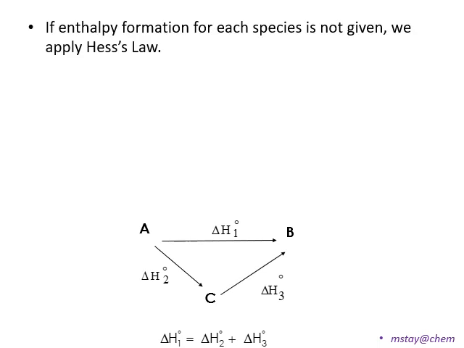If the enthalpy of formation of each species is not given, it means that we cannot apply the formula, as we already mentioned in the previous slide. So we are going to apply Hess's law. Before we can apply it, we need to know the meaning of Hess's law.